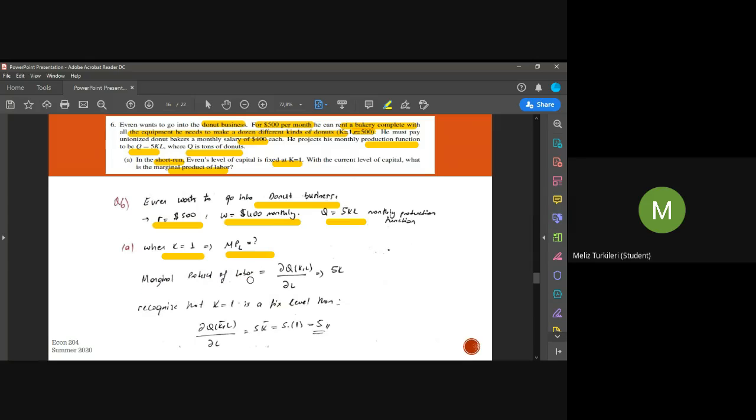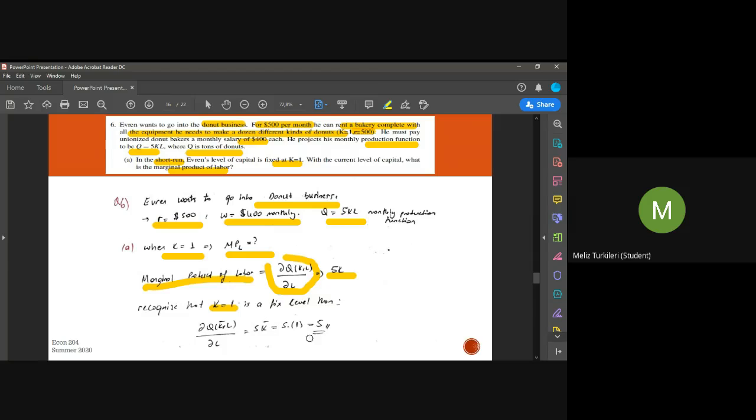Marginal product of labor is equal to the partial derivative of the production function with respect to L, with respect to labor. If you take the partial derivative of this with respect to L, you will find that this is equal to 5 times K. And we know that K should be equal to 1 for this question because it is a fixed level. In the short run, you cannot change it.